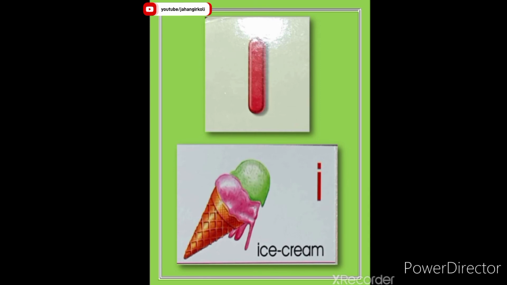I is for ice cream. I-C-E R-E-A-M, ice cream.